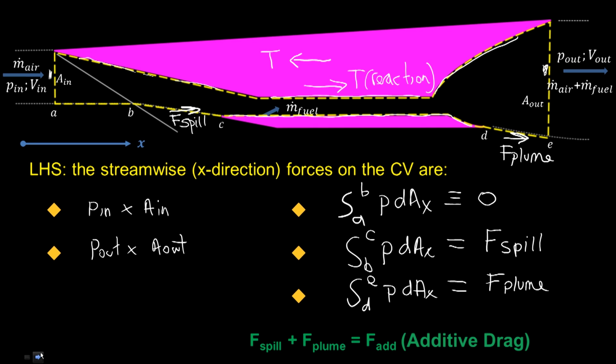Now, they are not forces or drags in a real sense. What they are are terms that are a consequence of the fact that we've used our control volume. And in order to calculate our thrust using this method, we need to be able to evaluate these two terms, or the combination of these two terms, which is the additive drag.